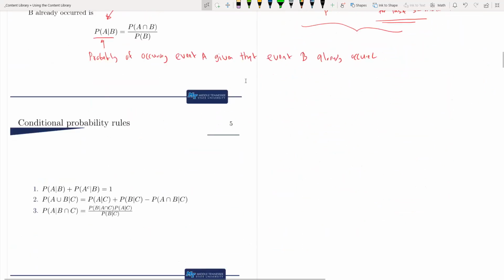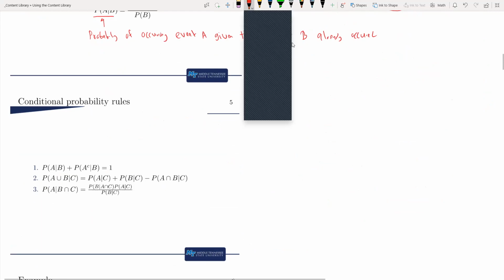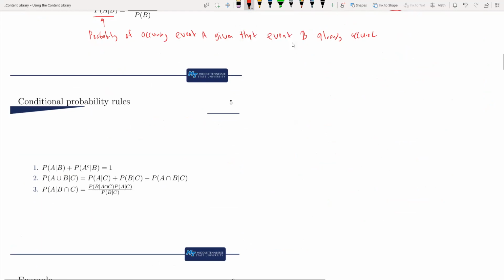Let's go to the next slide. Here you can see a few formulas for conditional probability. The first one says: probability of A given B plus probability of A complement given B is going to be 1. Why is that? You can expand this.